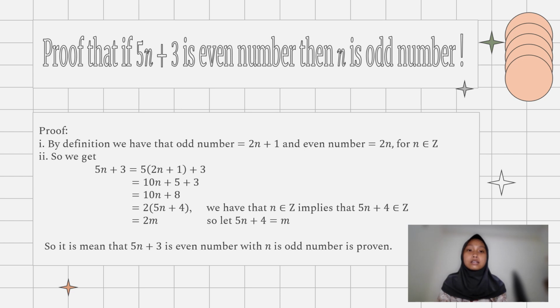We have that n an element of the integers implies that 5n plus 4 is an element of the integers too. So let 5n plus 4 be equal to m. So we get 2m. So it means that 5n plus 3 is an even number with n an odd number is proven.